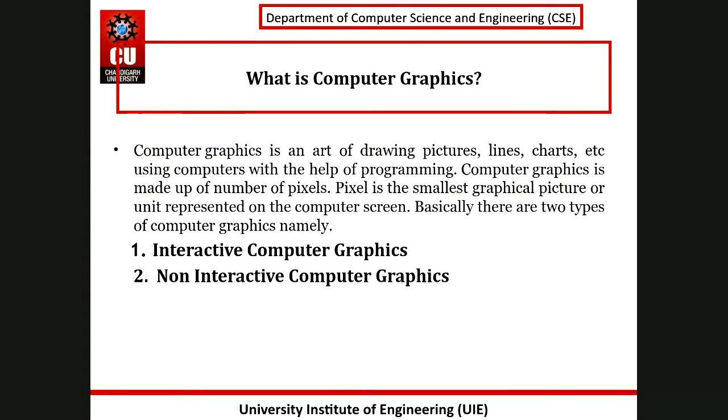Manual drafting means we are drawing an image with the help of paper and pen, and second is computer graphics. We are drawing an image on the computer with the help of graphic primitives or with the help of graphical techniques.